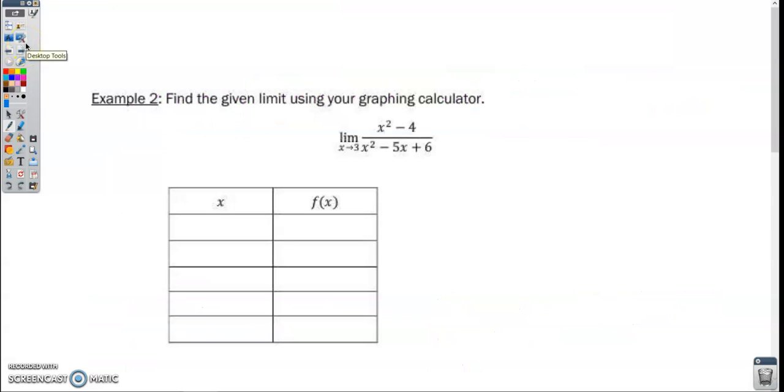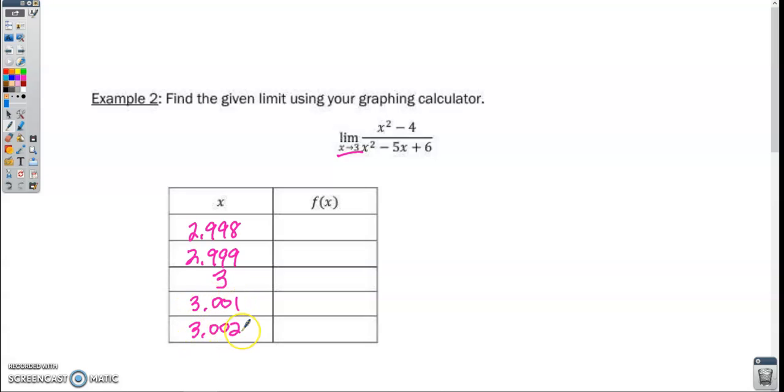Example 2. Find the given limit using your graphing calculator. We've found limits on our graphing calculator using a table in the past, and that's what we're going to do here. Since we're trying to find the limit as x approaches 3, I'm going to build my table with 3 in the middle, and look at x values that are close to 3 on both sides.